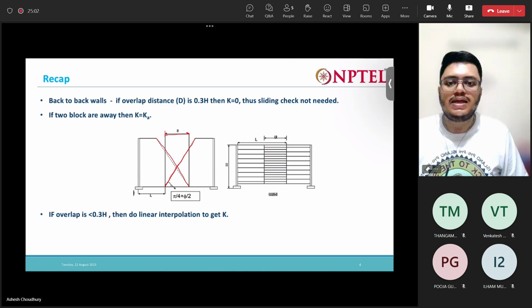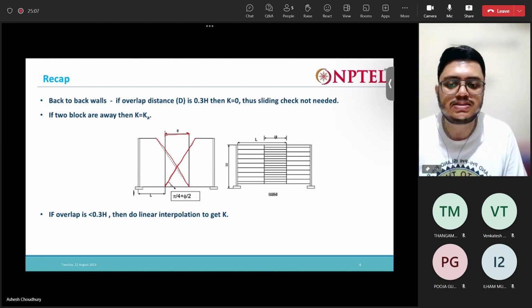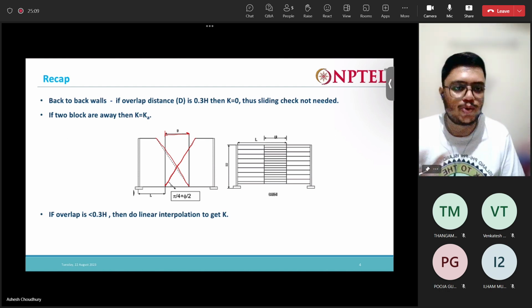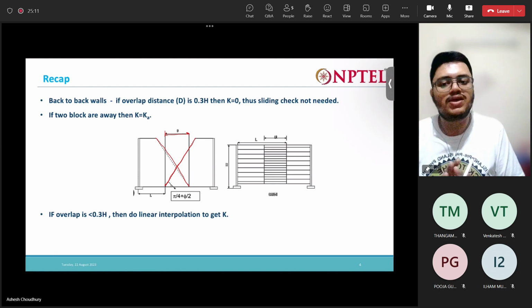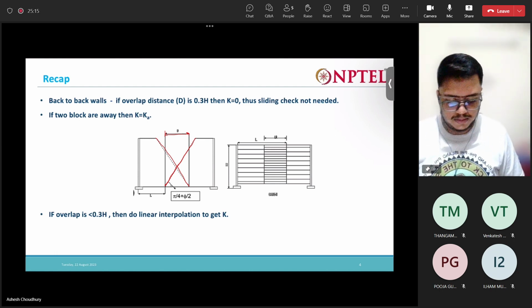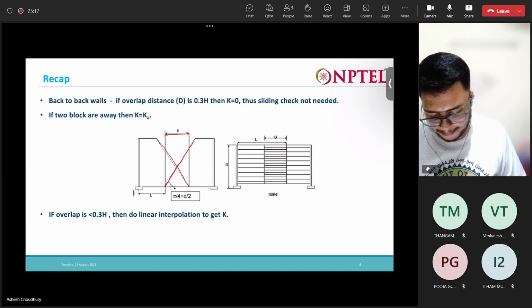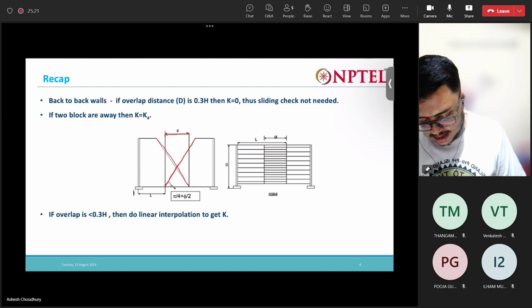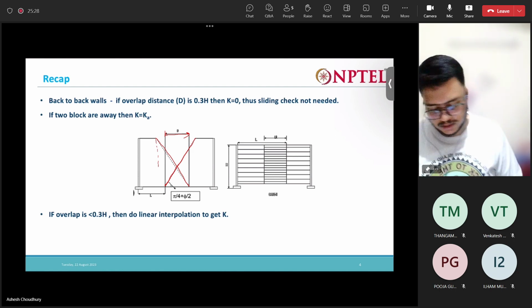All right, and if this overlap distance is less than 0.3h, then we just interpolate the value of k between 0 and k_a. All right.